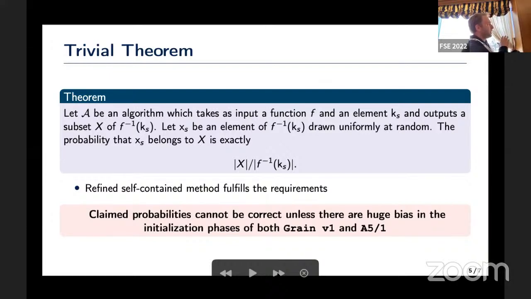And the refined self-contained method fulfills the requirements of this theorem.